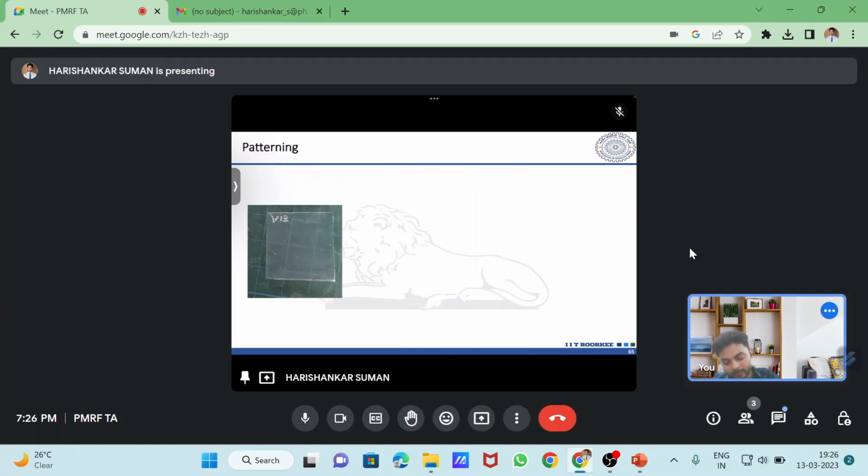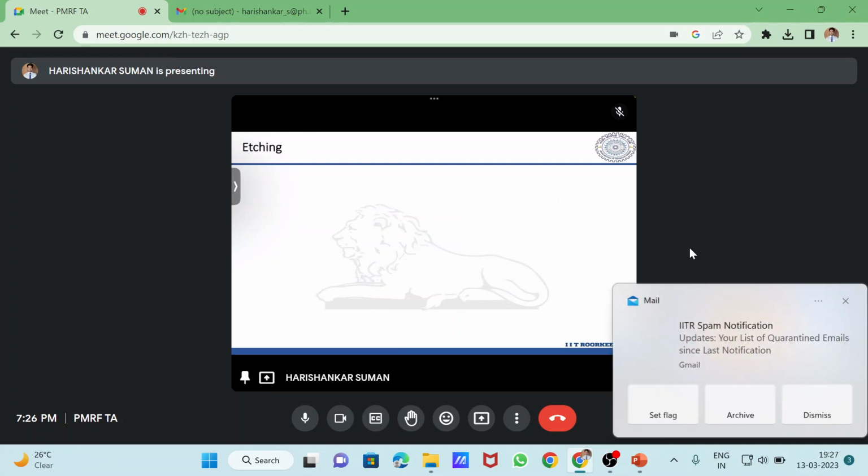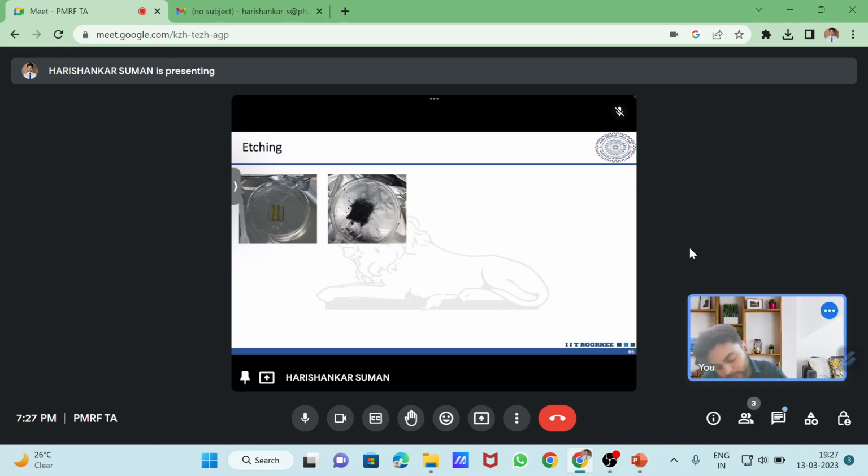Let me show one by one how to make it in the lab. First is cutting the glass. One side has the FTO coating, the other side is glass. Then marking, patterning, then etching. We have to etch with zinc metal powder and HCl, hydrochloric acid.